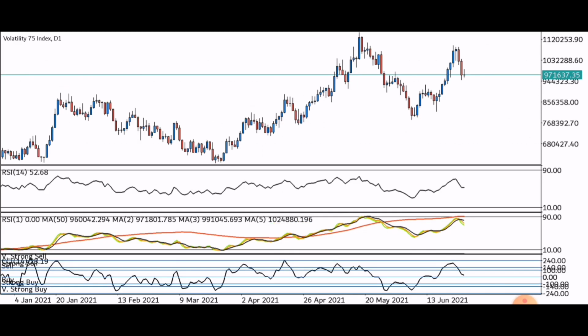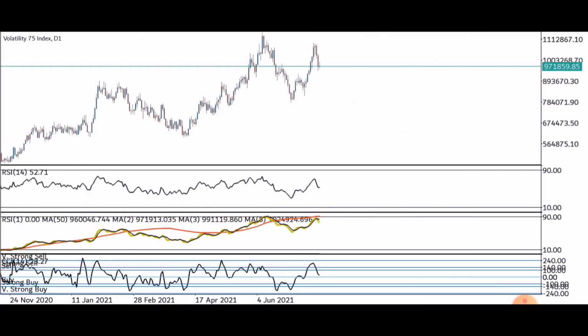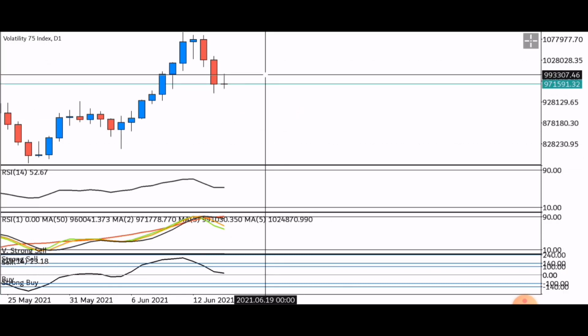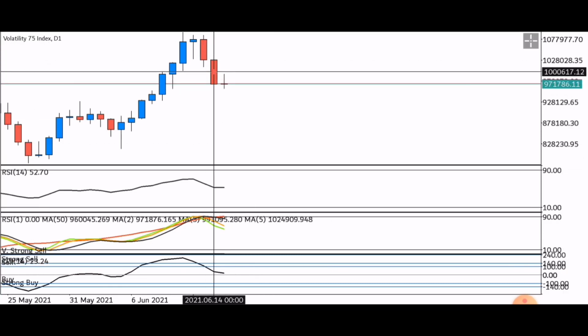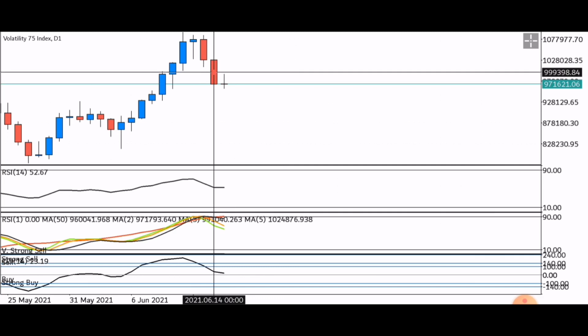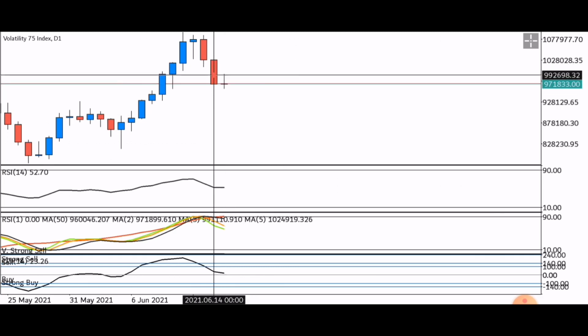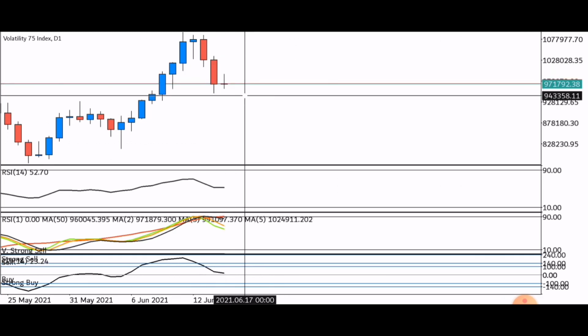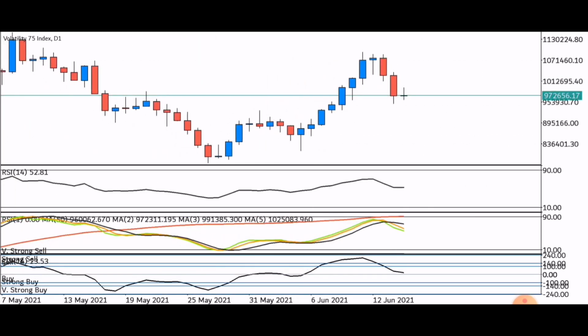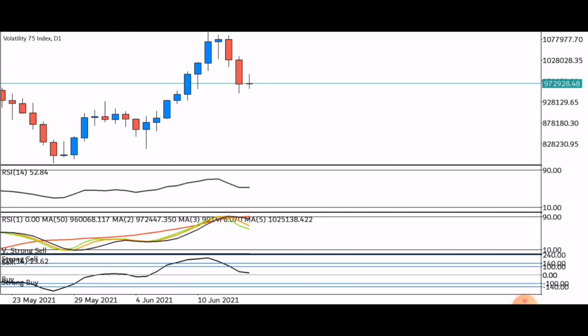Price is going bearish, and with the beginning of today, price went up bullish to a point which is about 50% of the previous day candlestick, right? It opened at this point, then went up to about 50% of the previous candlestick and started coming back down. So this is an indicator that price is going to be going bearish, and with this, we're going to be looking out for opportunities to sell in the market.